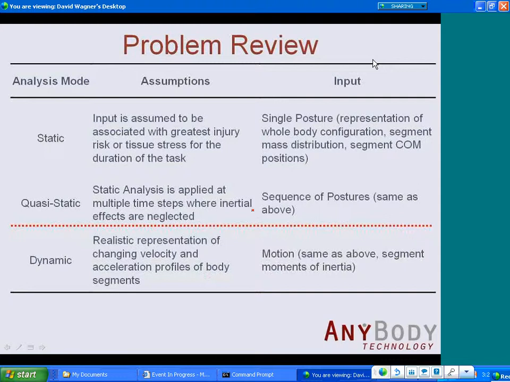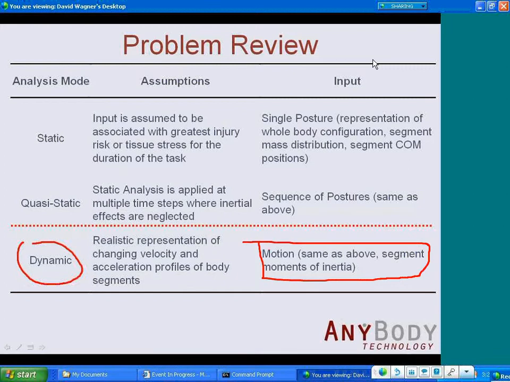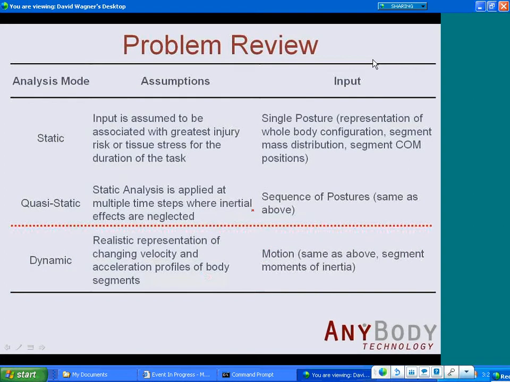And what I would like to attempt to do here is this full dynamic analysis, where we have a realistic representation of changing velocity and acceleration profiles of body segments. The input, once again, is this motion along with a well-scaled mannequin matching the properties of the person I'm analyzing.